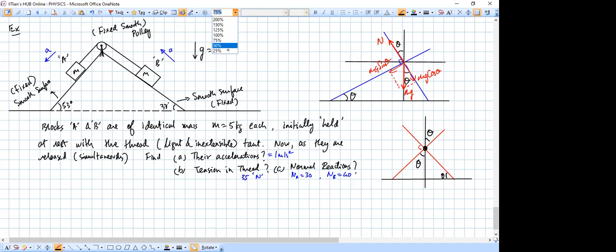Okay, so let me convert that into free body diagrams here. So let the tension in this string be T. There's only one string, so we need not write different. It's the same magnitude everywhere, the tension. Okay. So now let's make free body diagrams of the two blocks A and B separately.